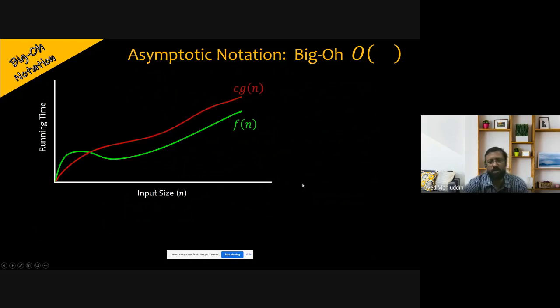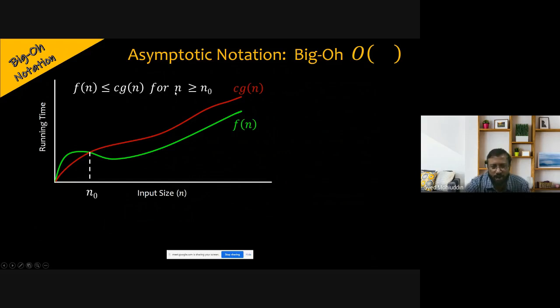Now we will say that there is another function, c g of n. Here c is a constant, and g of n is a function. So what the big O notation says is that we have a function f of n and another function g of n, and f of n is less than or equal to c g of n, shown by this red line.